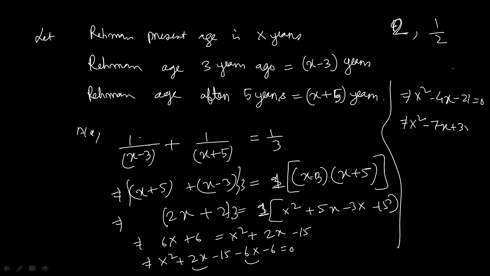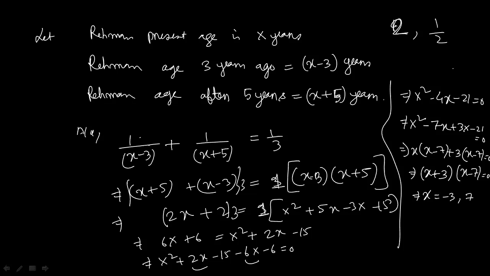Yes or no? Yes, sir. Take common x. So it will be x plus 3 into x minus 7 equal to 0. So x will be minus 3 and 7.